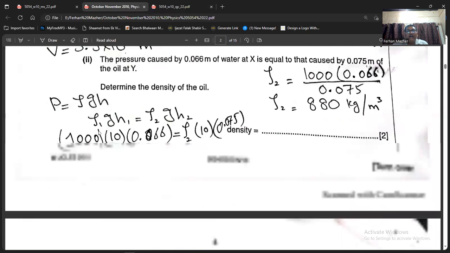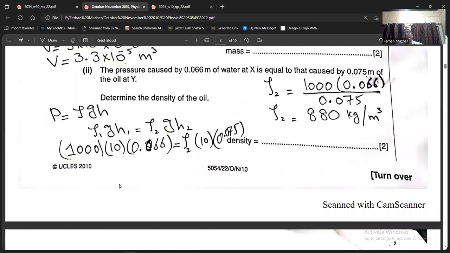So the pressure of a liquid is rho gh. So rho 1 g h1 equals rho 2 g h2, because they said that the pressures are the same. Okay, so rho 1 is the density of the water, that is 1000, and g is 10. h1 is 0.066. We don't know rho 2, we want to find out the density of the oil. The g value is also 10, and h2 is the depth of the oil above the point Y, that is 0.075 meter.